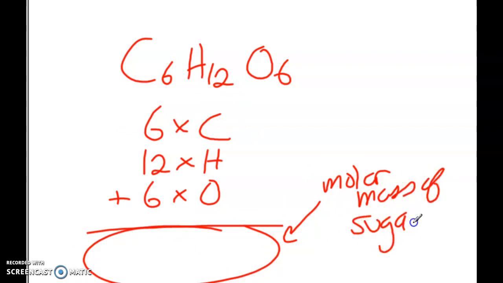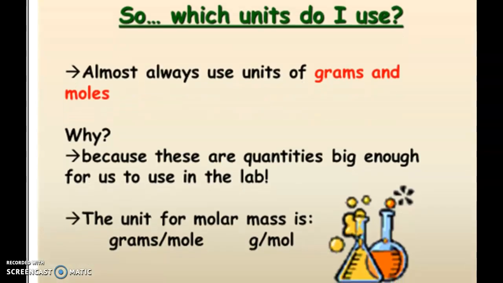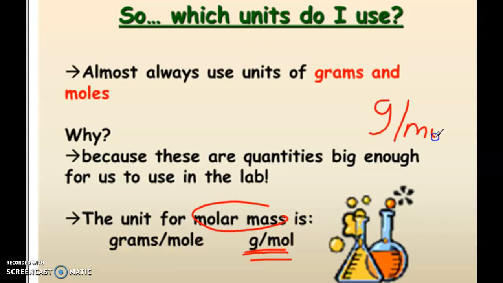You can figure out the molar mass of any molecule or any ionic compound, as long as you have a periodic table. From now on, we're pretty much always going to use the unit for molar mass as grams per mole. This is written out the full way, but you can use grams per mole, and this is what you're going to see me use.